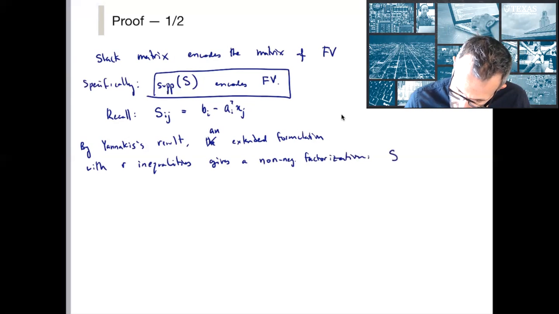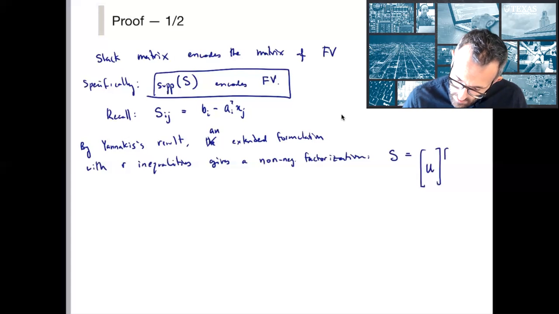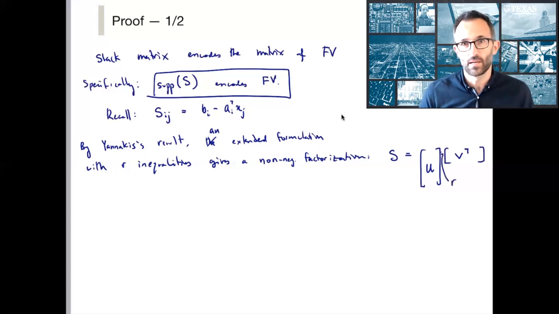S is equal to U V transpose, where R is the small dimension.